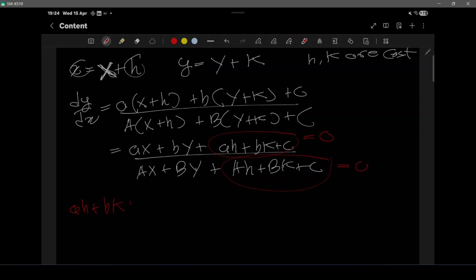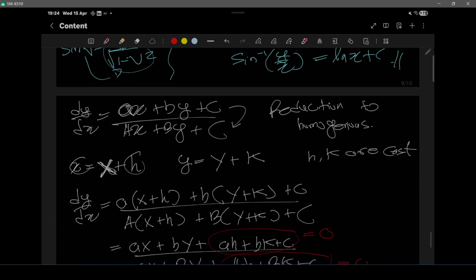So by solving ah plus bk plus c equal to 0 and capital A h plus capital B k plus capital C equal to 0, we can find the h and k values. There are two equations and two unknowns, because small a, small b, capital A, capital B, and c are given in the equation.